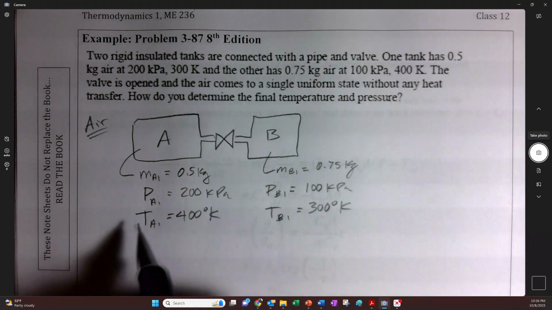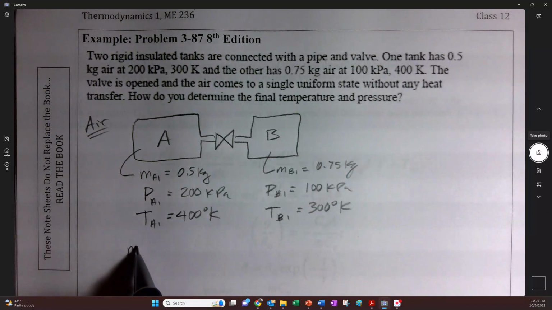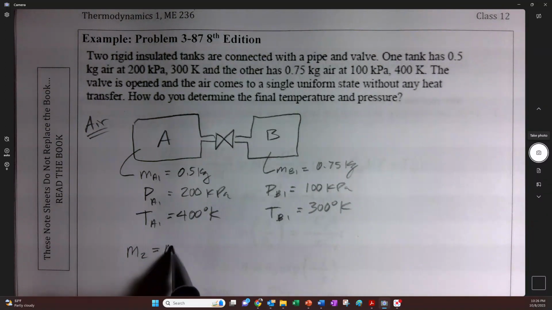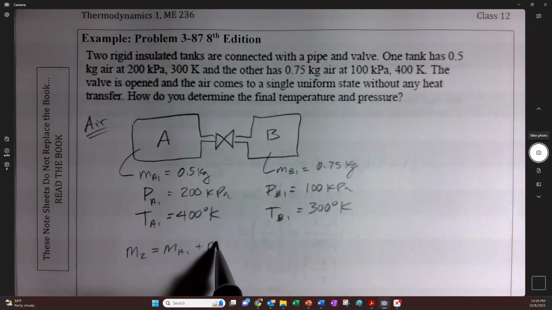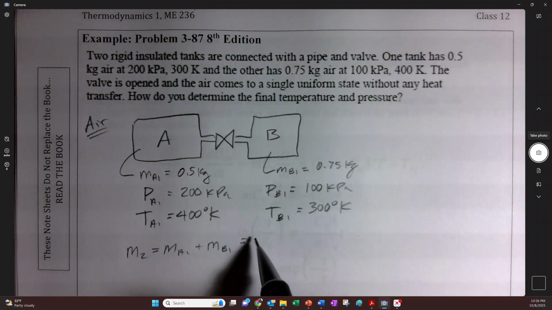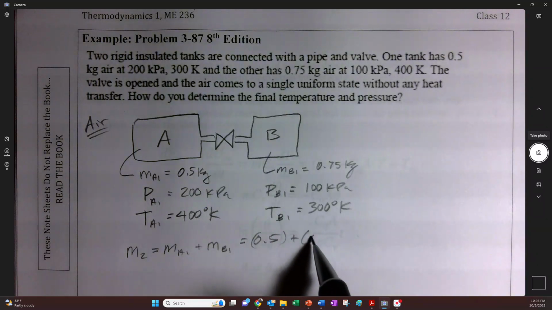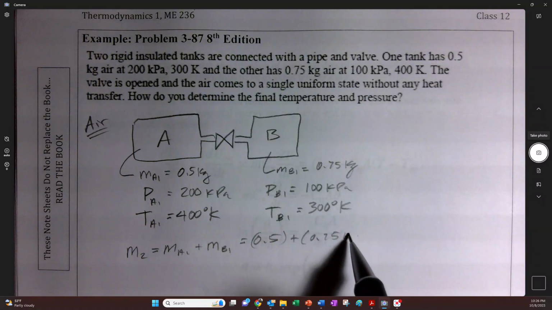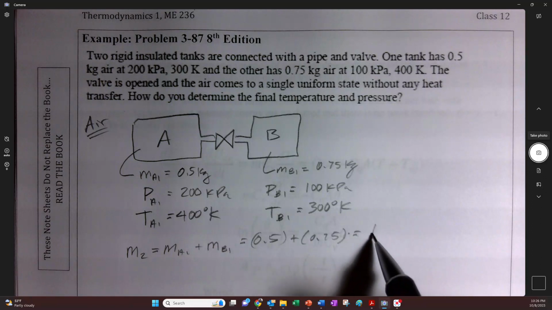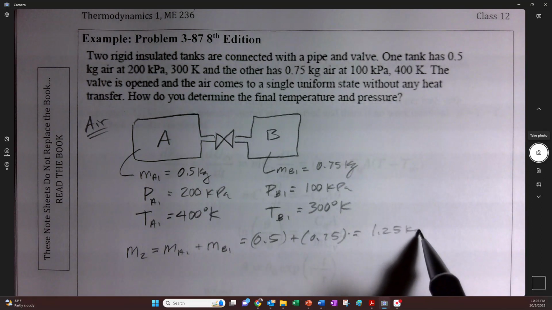All right, so conservation of mass: M2 is going to be equal to MA1 plus MB1, or 0.5 plus 0.75, and we're going to get 1.25 kilograms.